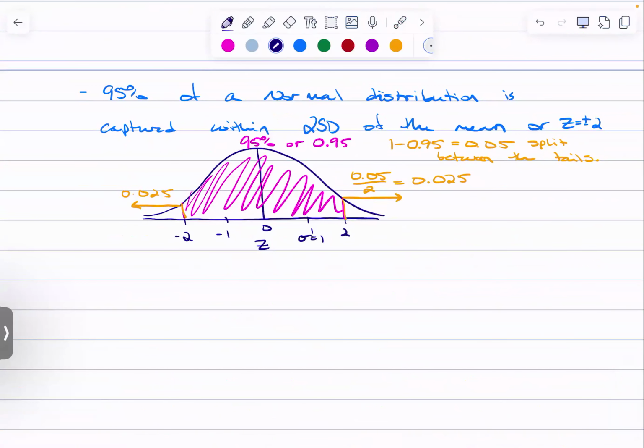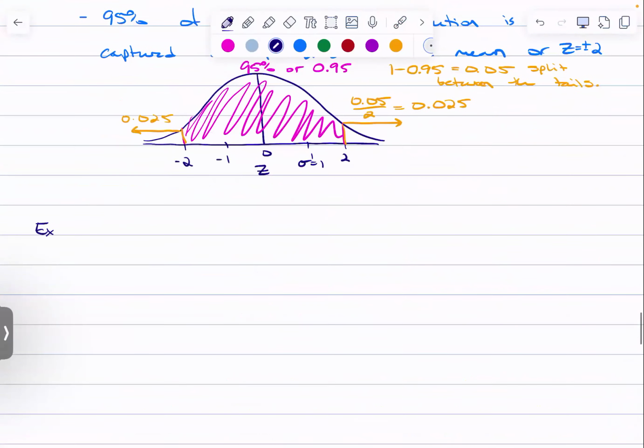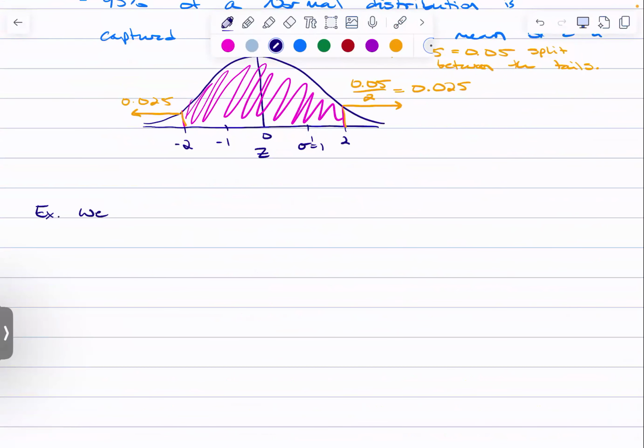This is kind of a sidebar example. We can approximate the probability of scoring 1.7 standard deviations above the mean.